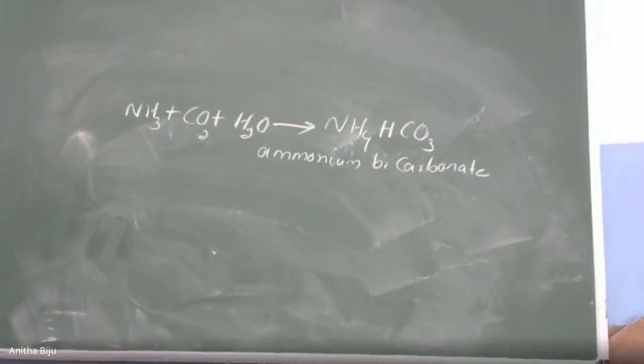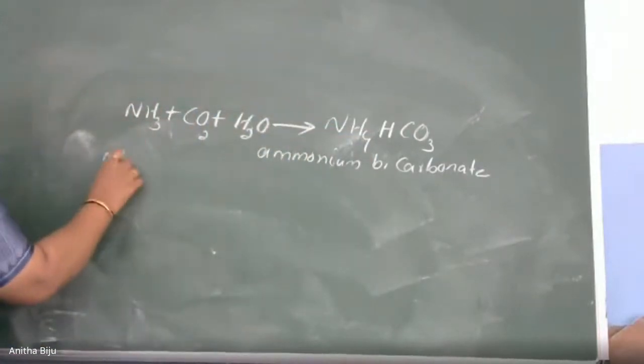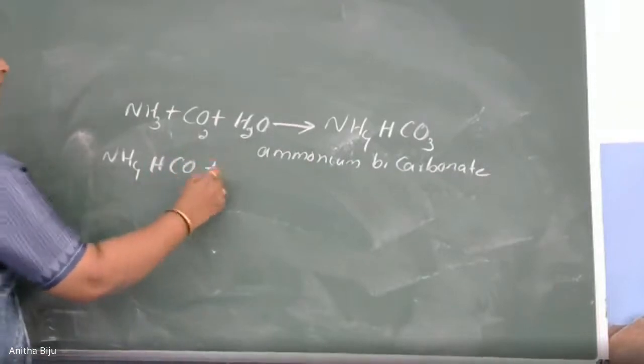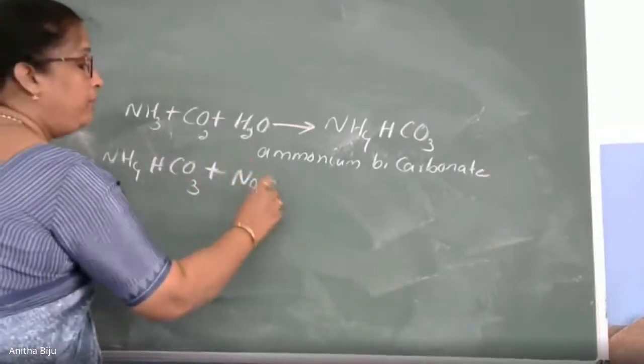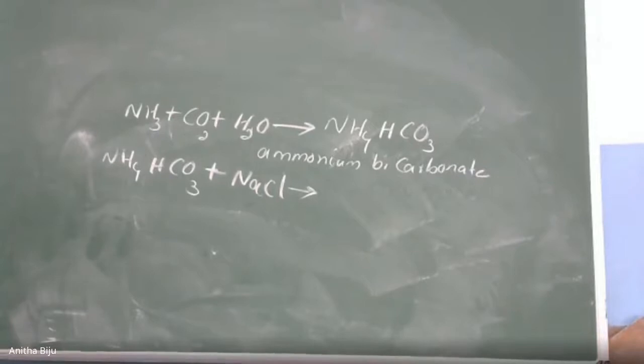Okay, now we will write this again here, NH4HCO3, which is the product, and the reactant left, sodium chloride. Okay, we can write the same equation, then I will tell you how to write the net equation.